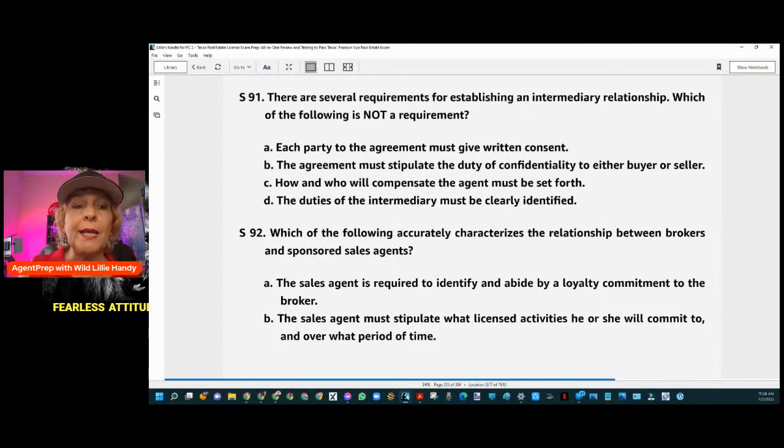Which of the following is not a requirement? A, each party to the agreement must give written consent. B, the agreement must stipulate the duty of confidentiality to either buyer or seller. C, how and who will compensate the agent must be set forth. Or D, the duties of the intermediary must be clearly identified. Which one is not a requirement?